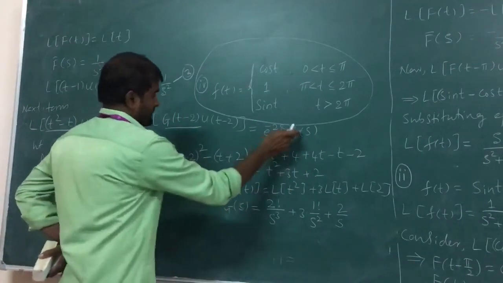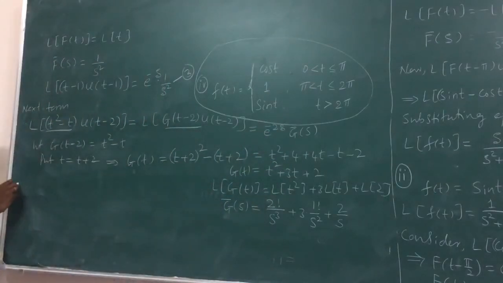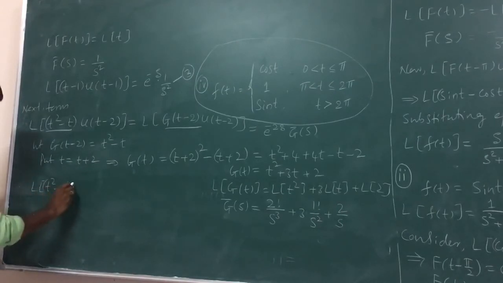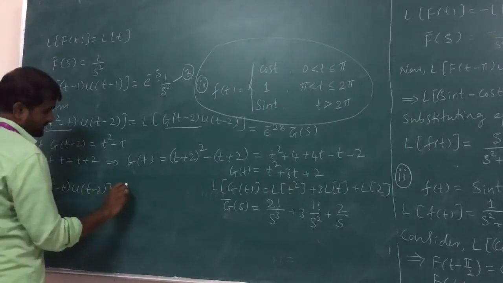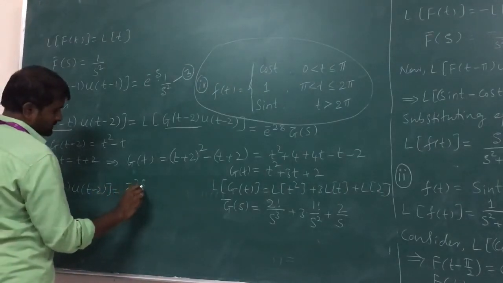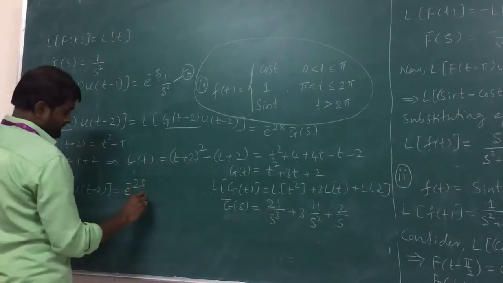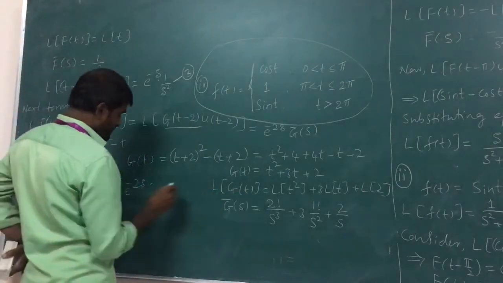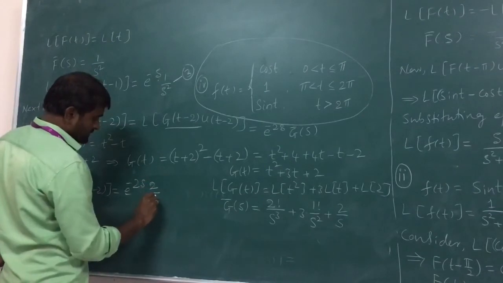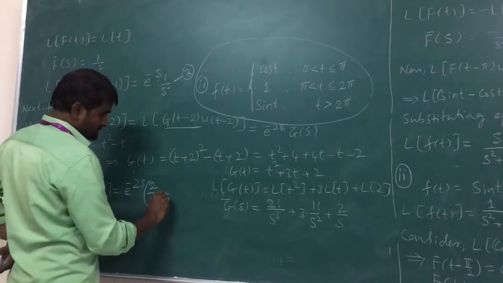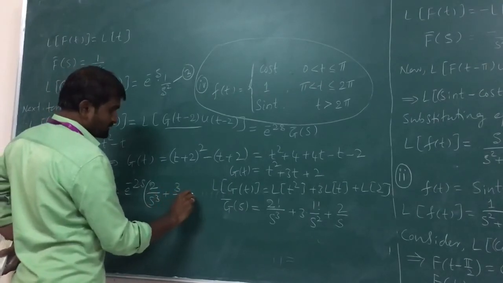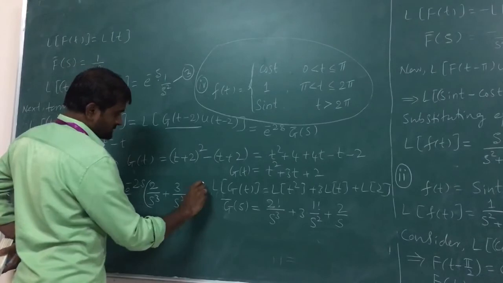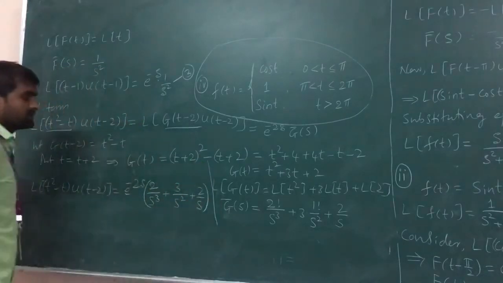Now, therefore, L of t square minus 3 into u of t minus 2 equals e raised to minus 2s into that g bar: 2 by s cube plus 3 by s square plus 2 by s.